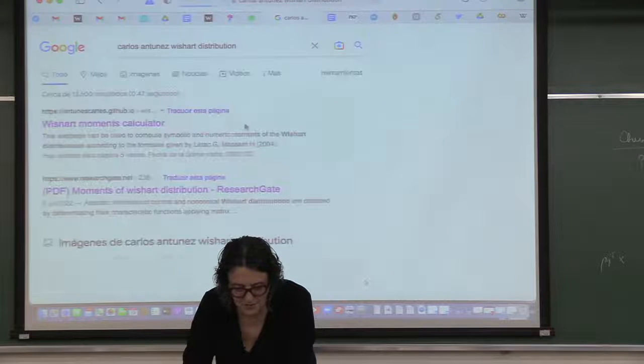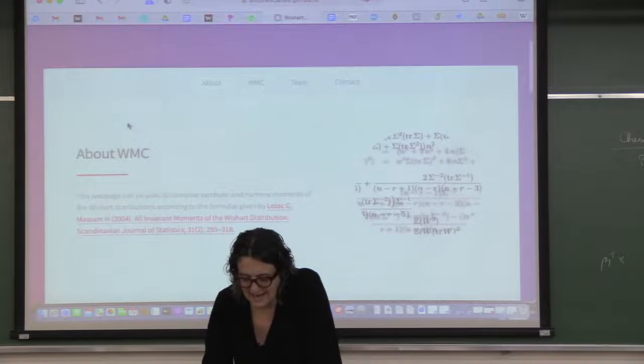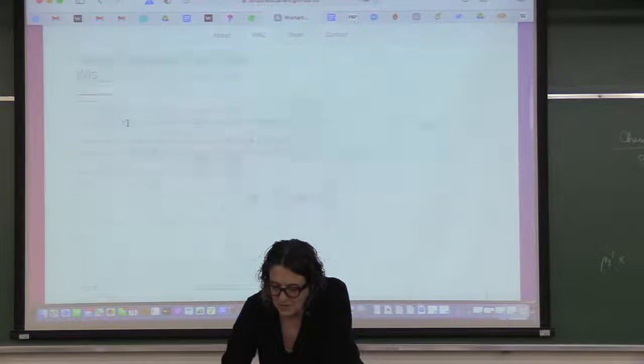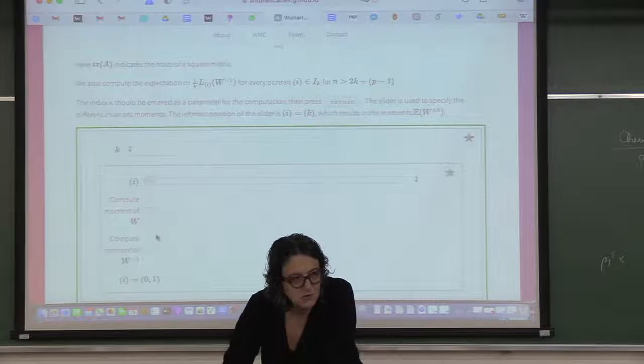This is a calculator, a Wishart moment calculator, where you can put what is the moment that you want to compute, and it computes the moment for you.